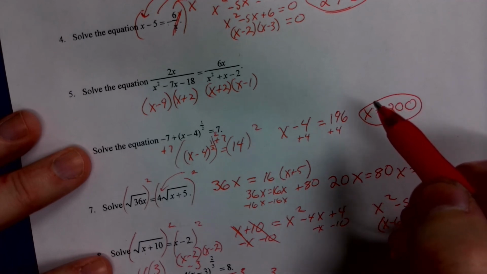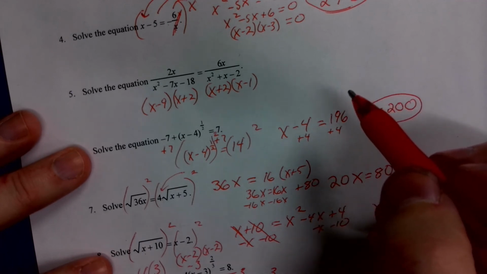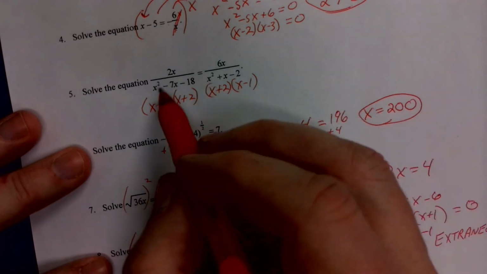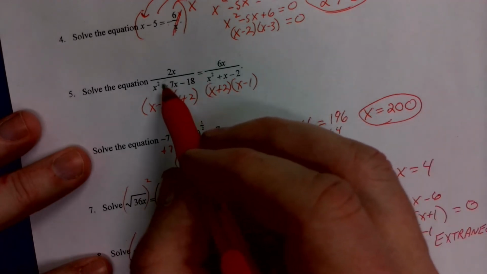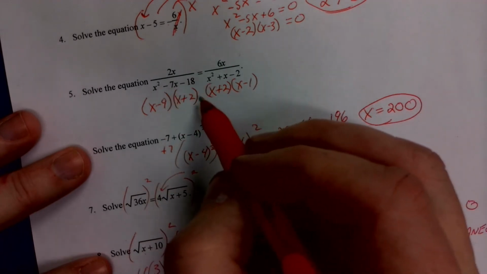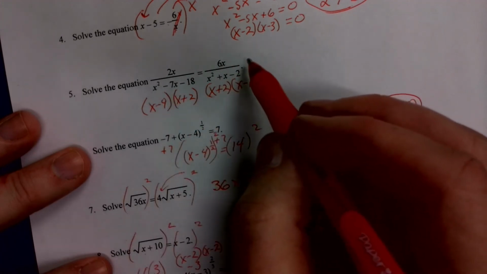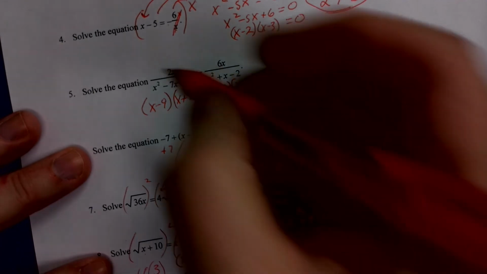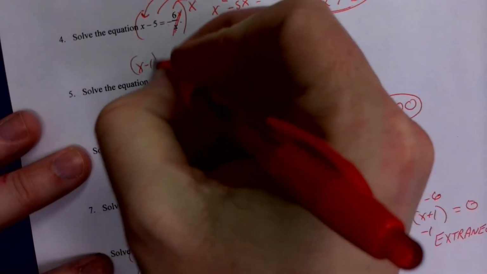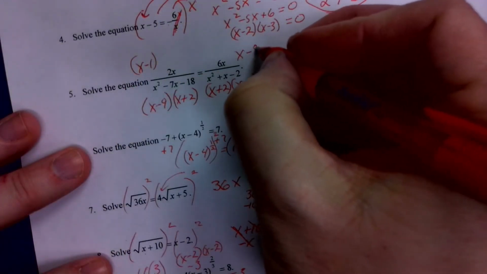So I really just need to multiply this one over here by an x minus 1, and this one over here by an x minus 9. So here we go. So x minus 1 goes to this one, and x minus 9 goes to this one.